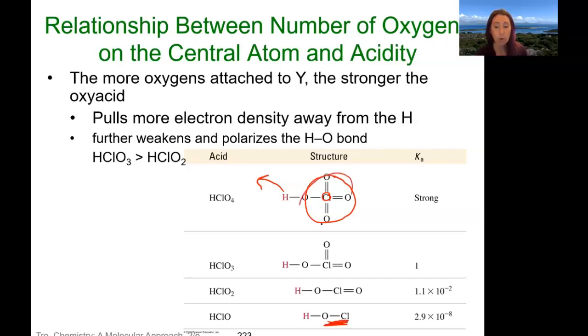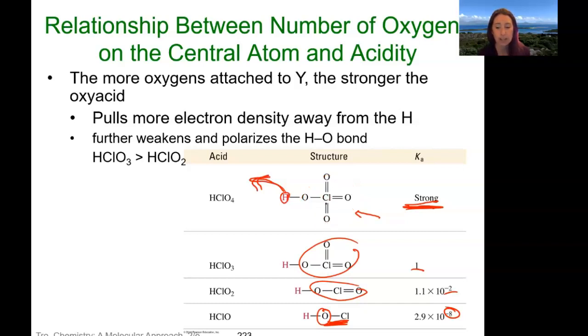And so the more O's you have, the stronger it's going to be. So here, this one has 4 O's. It's a strong acid. 3 O's, K is 1. 2 O's, -2. 1 O, -8. So the more oxygens there are, the stronger the acid is because it's easier to take the hydrogen out because the electron density is being pulled this way. Those are supposed to be arrows. Okay.